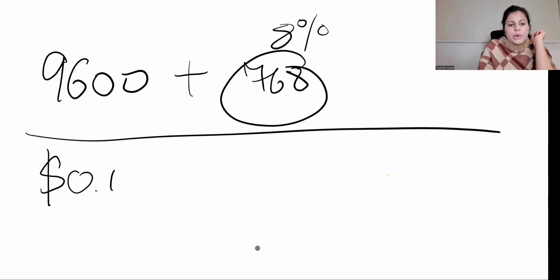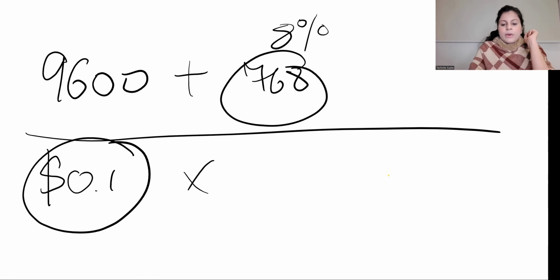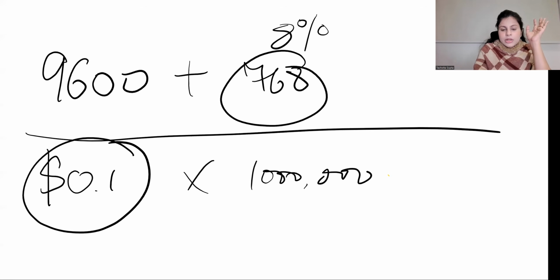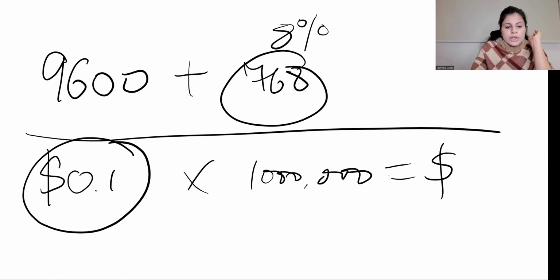So I am receiving $0.1 per share. Multiply this with 1 million shares. What's your dividend income? 1 lakh. So 1 lakh is your dividend income.